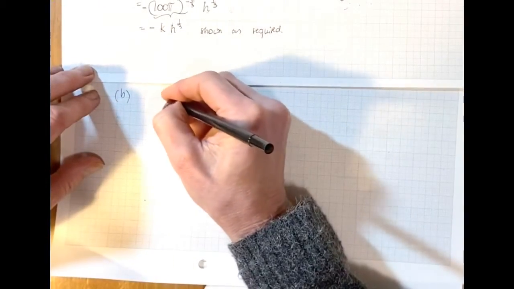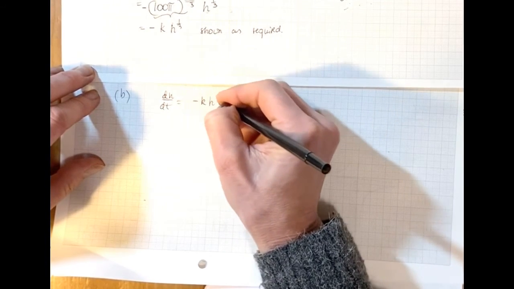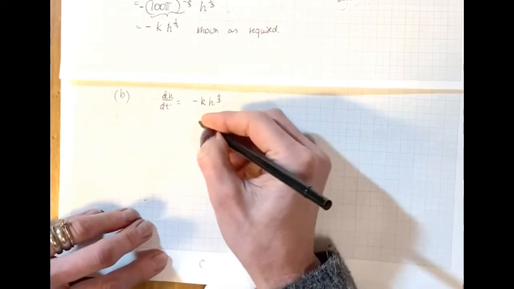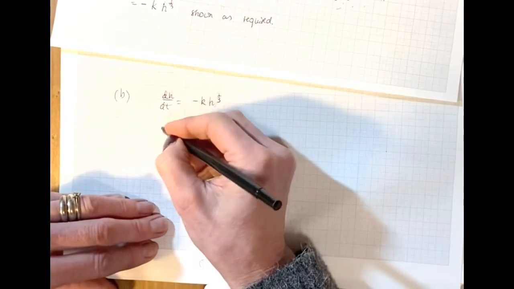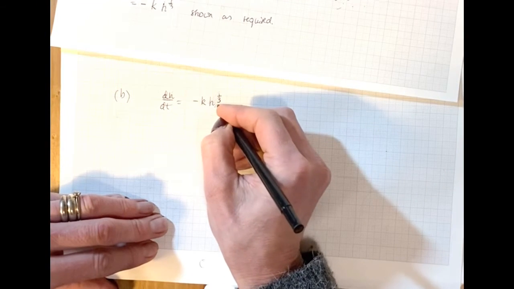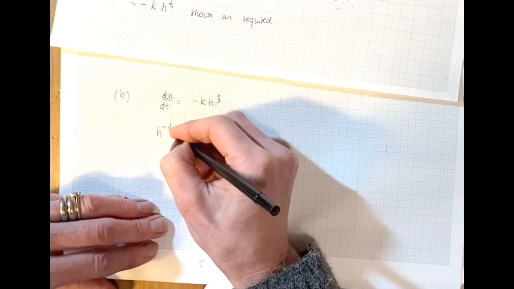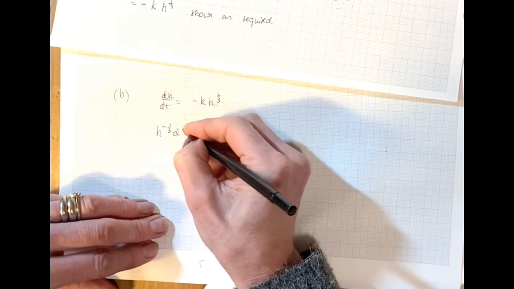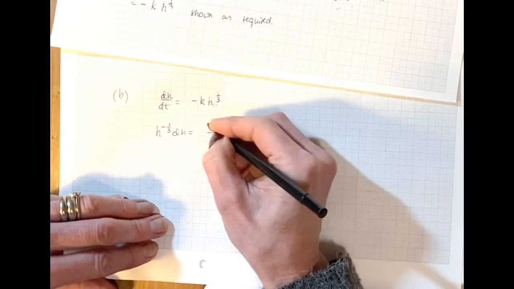So dh/dt is equal to minus k h to the power of 1/3. So h's and dh's want to be together on the left hand side. So if I divide by h to the power of 1/3, that will become h to the power of minus 1/3 on this side. And then you've got minus k dt on this side.